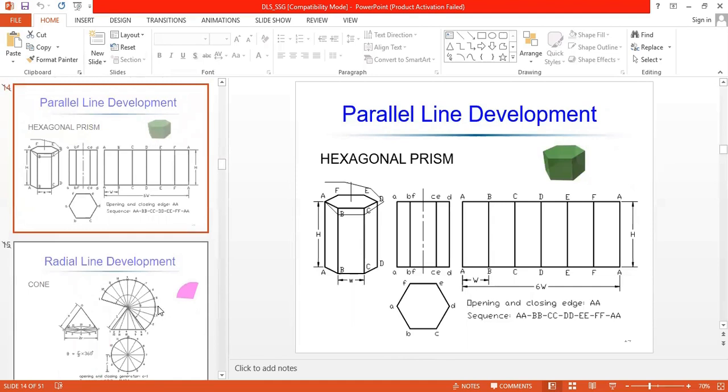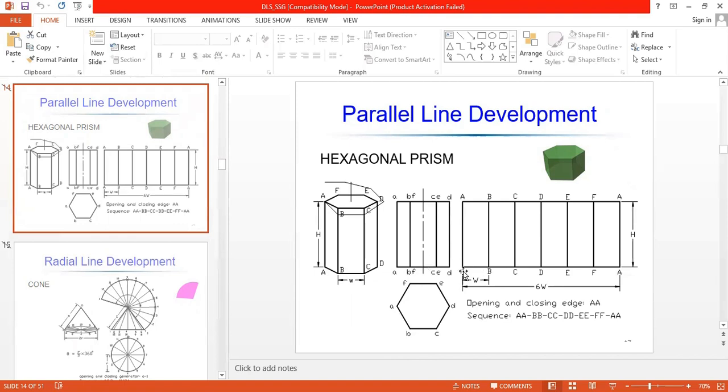Then in case of the prism, you can see here a hexagonal prism. The prism has its base side given and height given. From that we can draw firstly the top view of this hexagonal prism, drawing a hexagon in the circle. Then take the projection and complete the front view of the hexagonal prism.